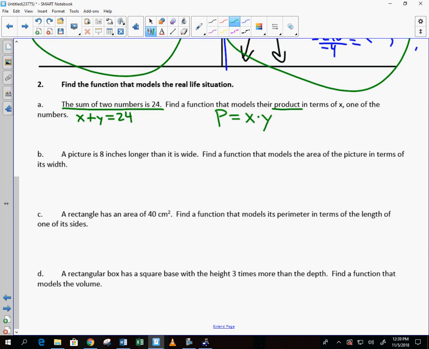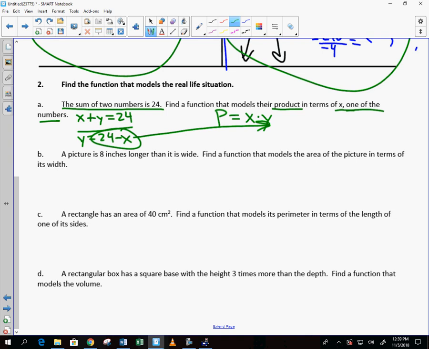It says to model a function where one of the numbers is X. So I don't want X and Y, I just want X. Somehow you have to see how to get rid of the Y and put an X in its place. Y is equal to 24 minus X. Take that, plug it in right there.